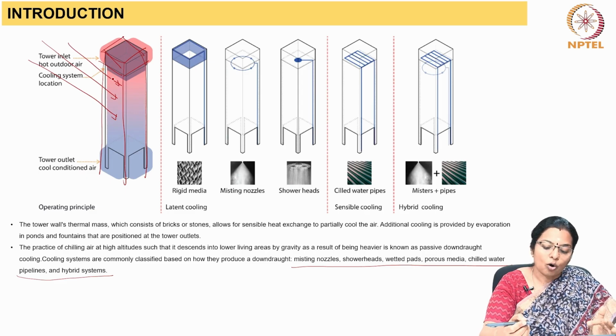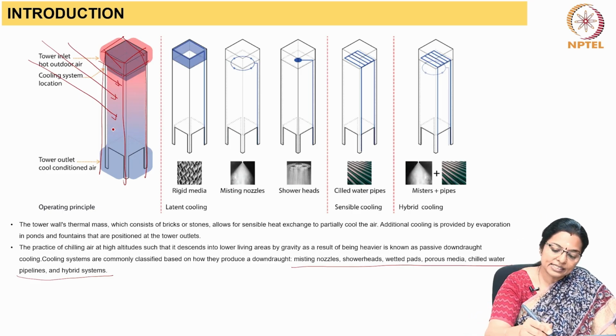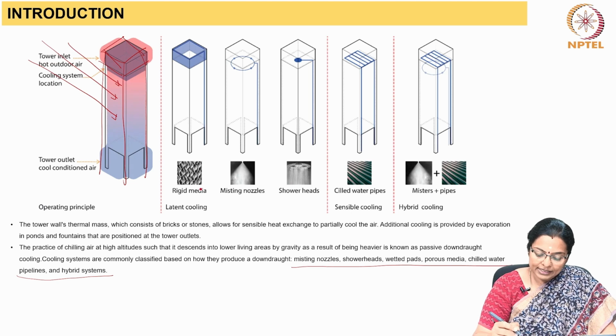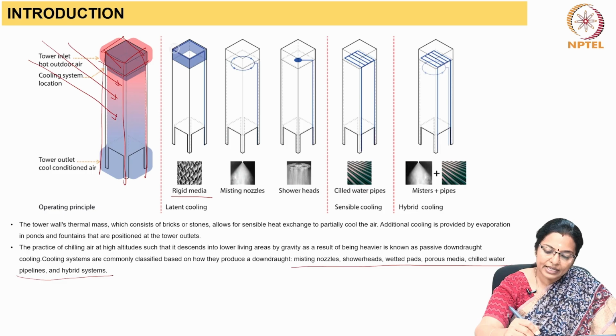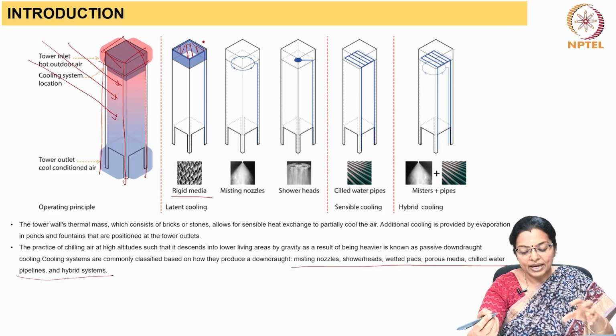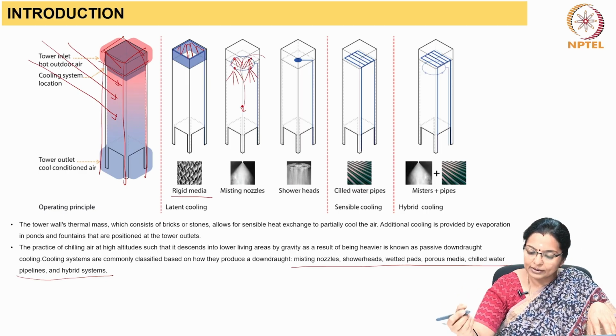Now, in order to add humidity to the air inside the tower, there is sometimes a rigid media here which makes the air moist, or sometimes there are misting nozzles which spray water, and the air which flows here becomes moist.